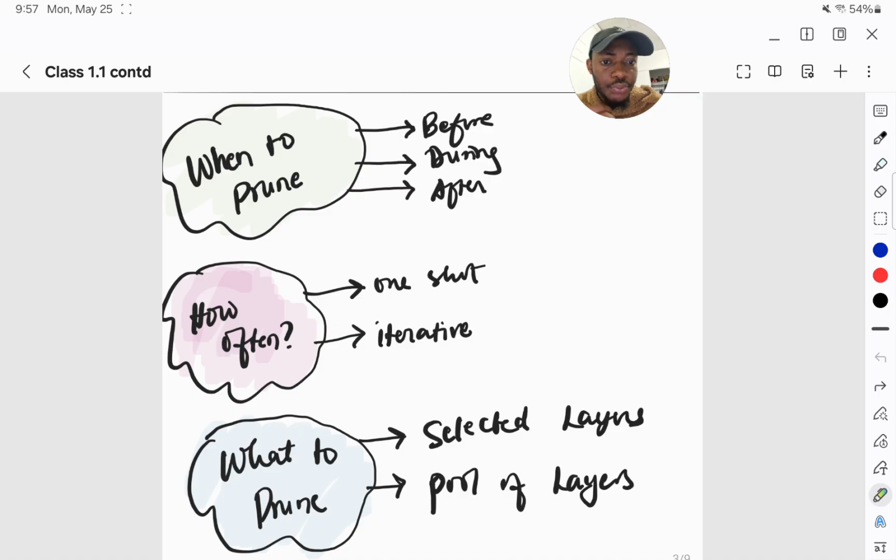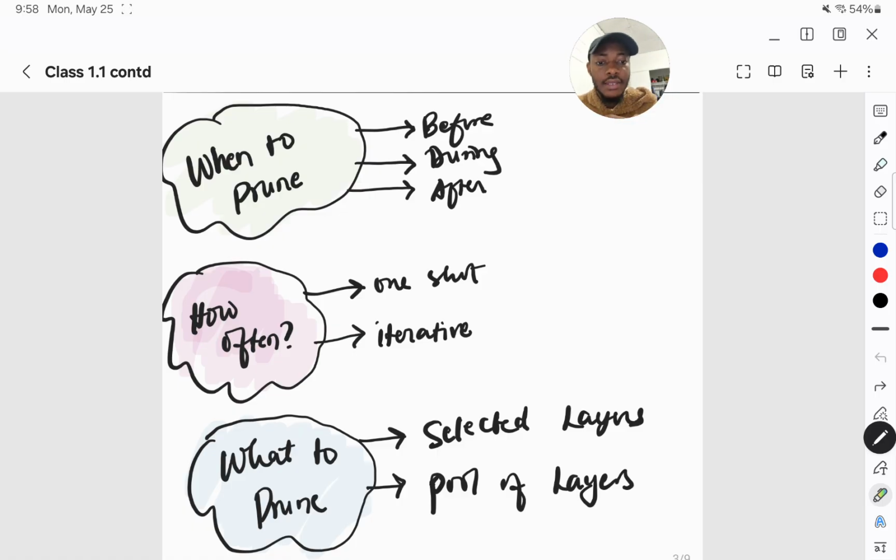And then what to prune? So we prune neural networks, right? We prune neural nets, and we can select layers of the neural net that we want to prune. So we can select some layers, which is local pruning. We call this local pruning, right? And we can also decide to select some pool of the layers of the transformer model or the neural network model, and this is what we call global pruning, right?